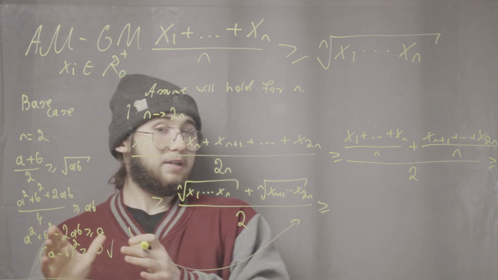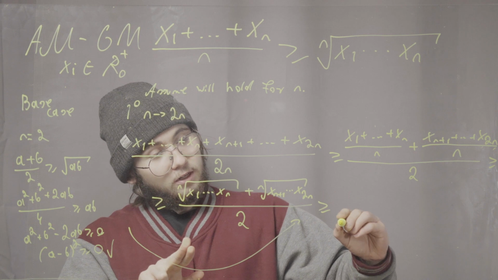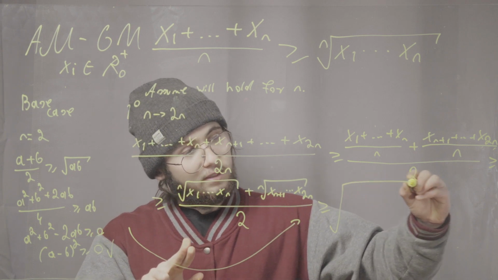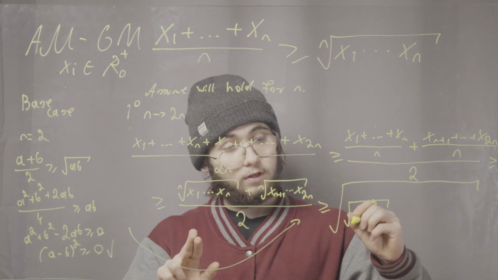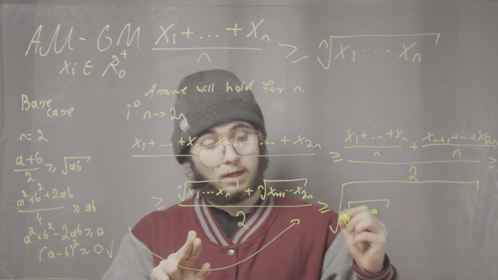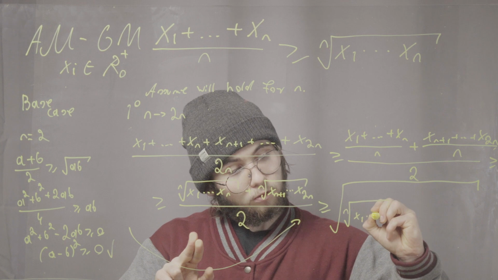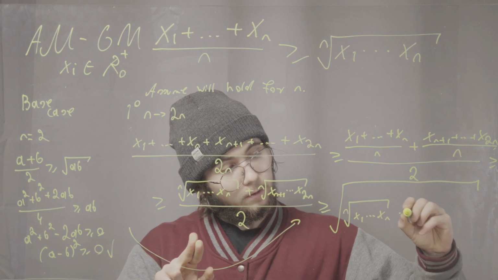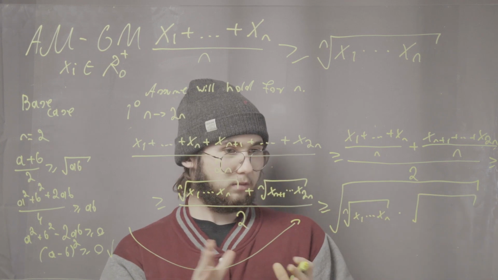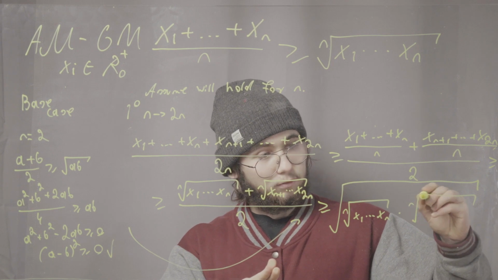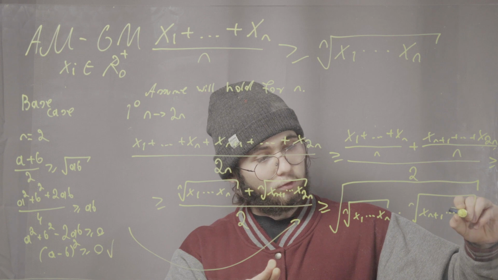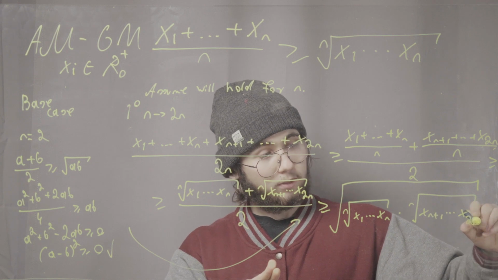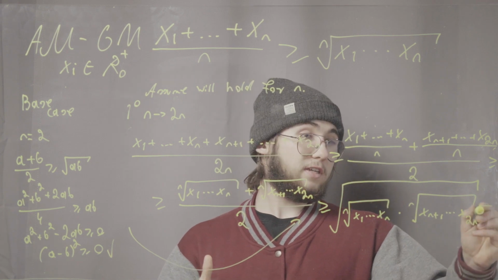we can say that it's actually greater than or equal to the square root of the product of this first square root, not square but nth root, of the product of the first n terms, and then the nth root of the product of numbers from x sub n plus 1 up to x sub 2 times n. And what is this equal to?